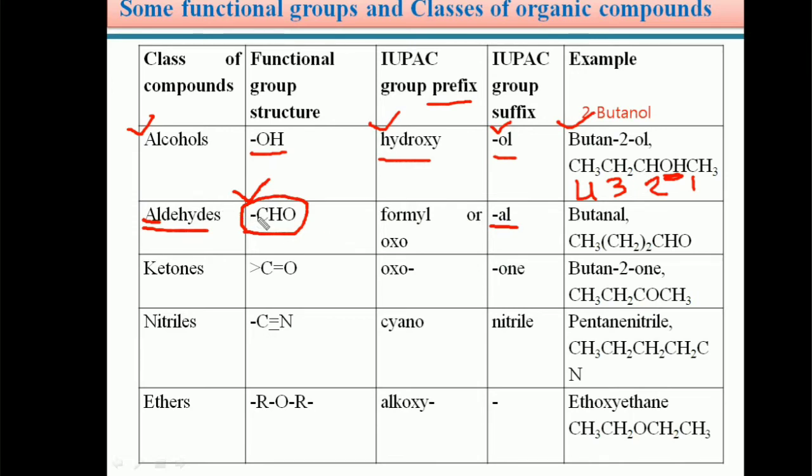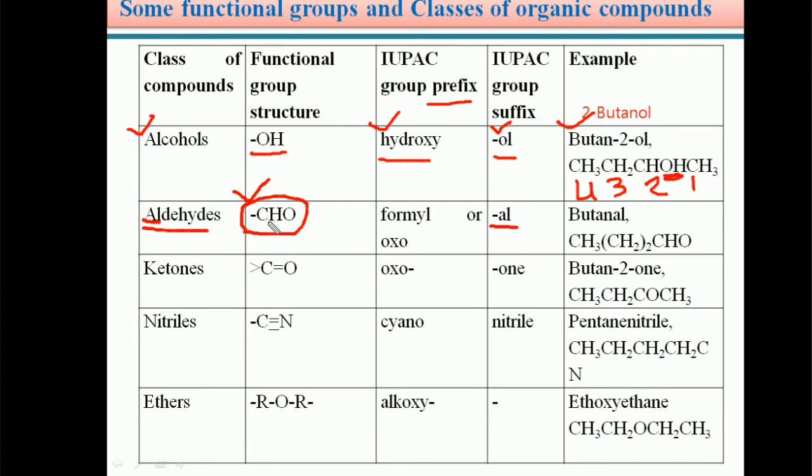If the CHO group is a substituent, because in a polyfunctional compound having a CHO group, other functional groups also exist, and the other functional group is the principal functional group, in that case CHO should be taken as a substituent.